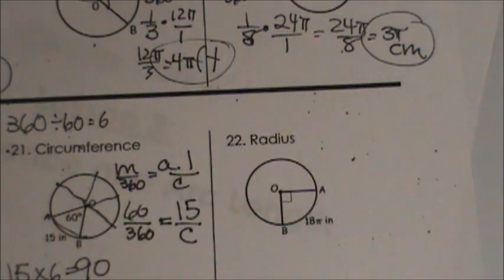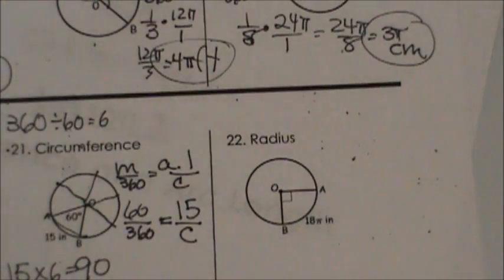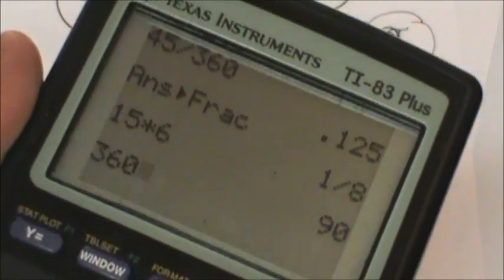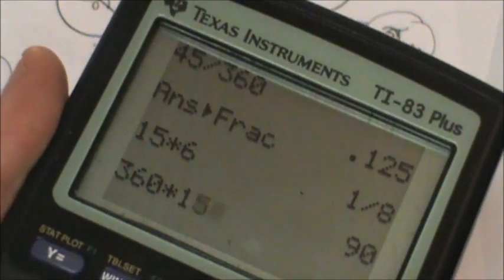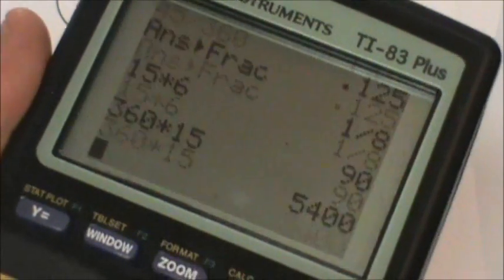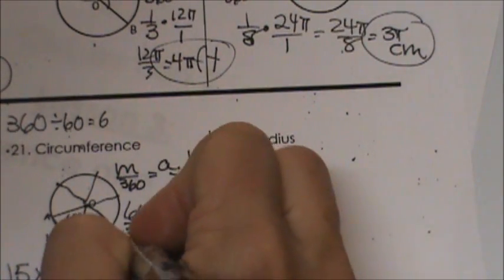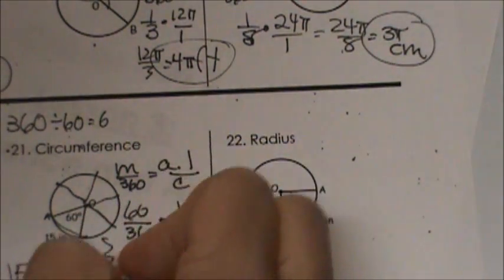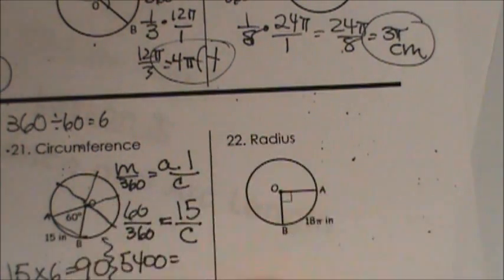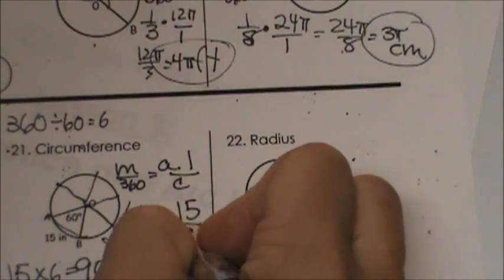I'll leave the C in there. Cross products. So I'm going to take 360 times 15, and I get 5,400. Let me draw a little squiggly here so we don't get confused. Okay, is equal to 60C.